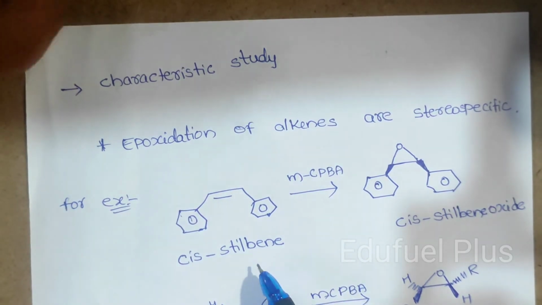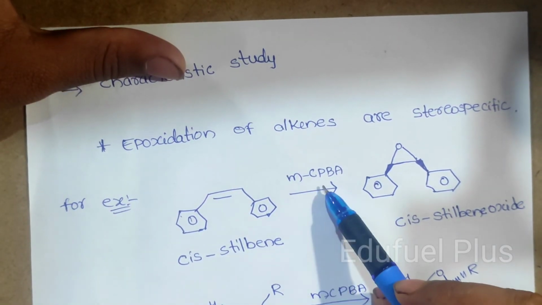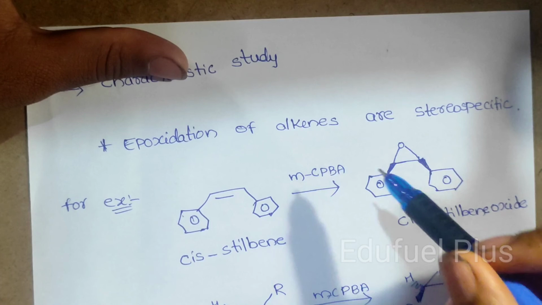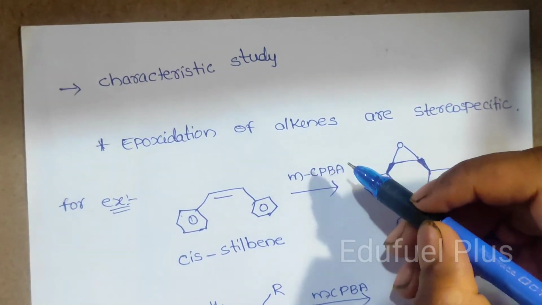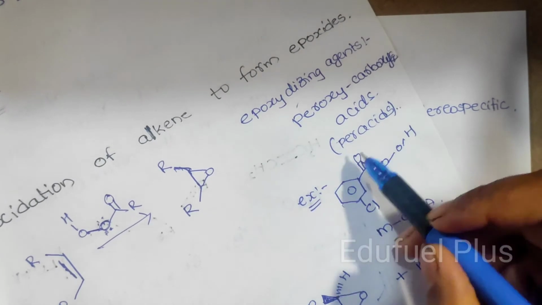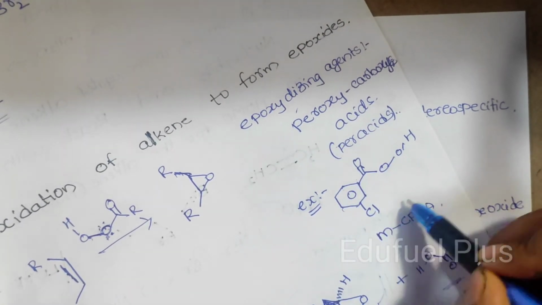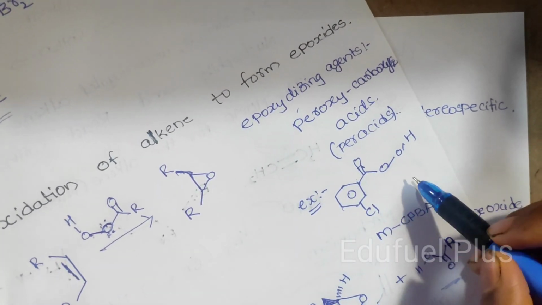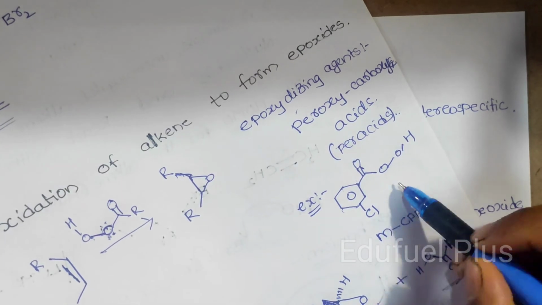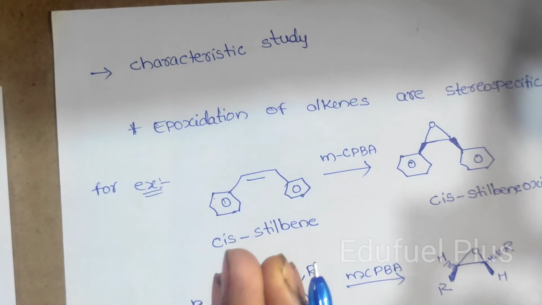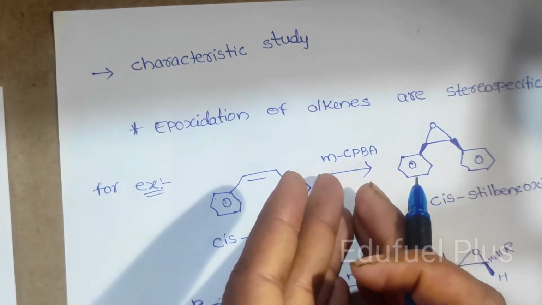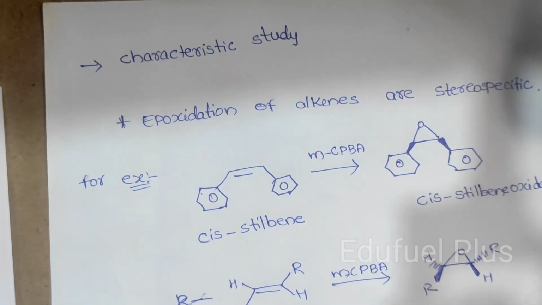When a cis alkene is reacted with MCPBA, here MCPBA is metachloroperbenzoic acid. Already I have mentioned here that metachloroperbenzoic acid is a reagent we use for epoxidation. When a cis compound reacts with MCPBA, we get a cis product, because you have observed the transition state just now.